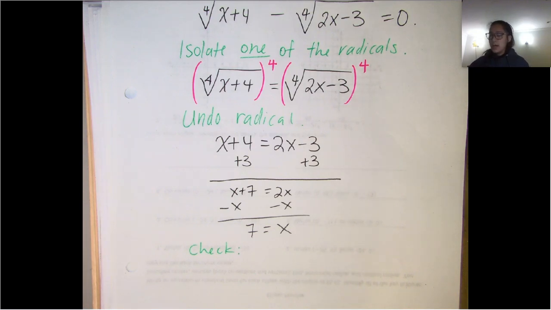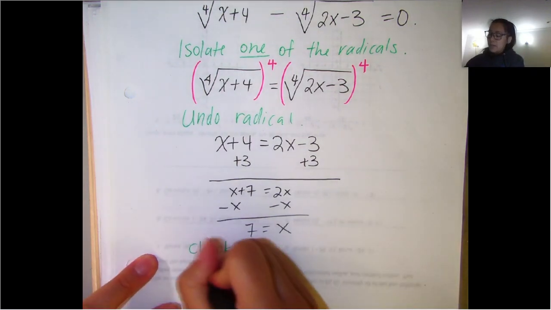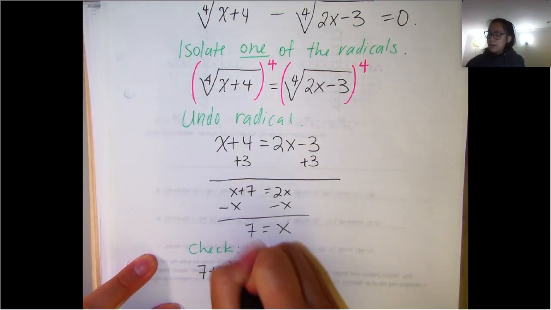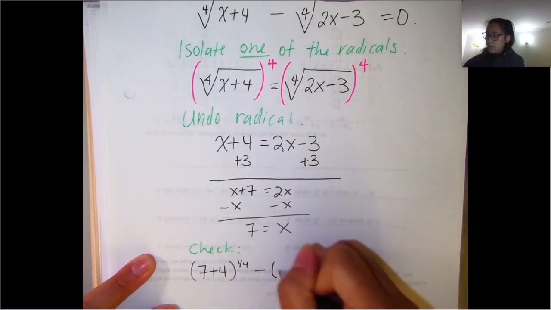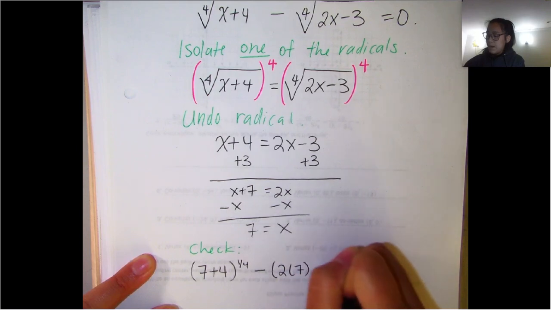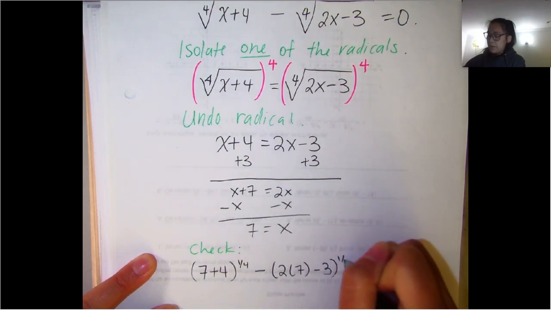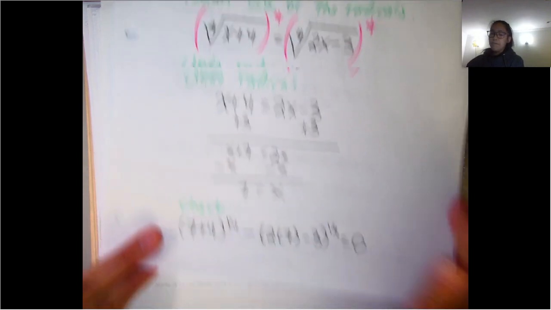I'm going to plug 7 back into the original equation that was given to us. You want to check it with the problem they gave us to make sure that we actually solved that problem. So we have (7 + 4) to the 1/4 power minus (2 times 7 minus 3) to the 1/4 power equals 0.